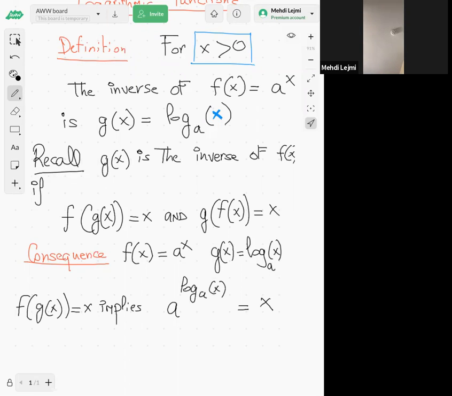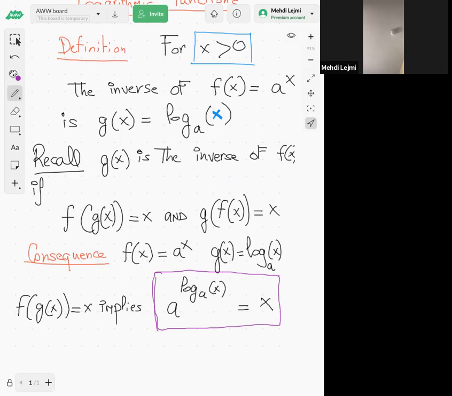So this is our first identity, right? That's the relation between the exponential and the logarithmic function. Of course we need the same base. So a to the power log in base a of x will be x, right?